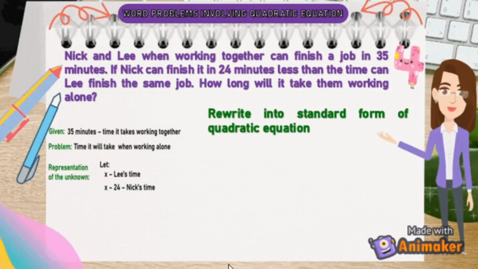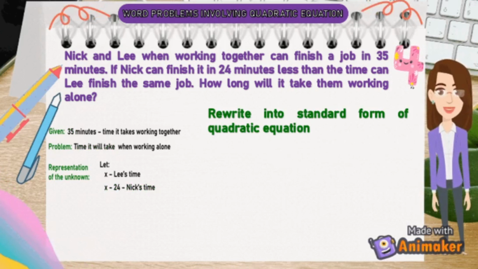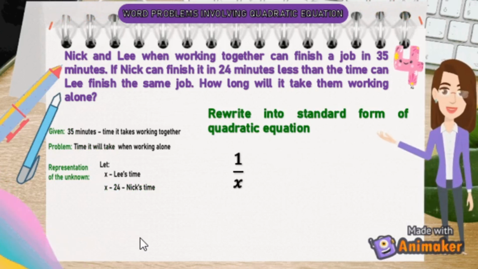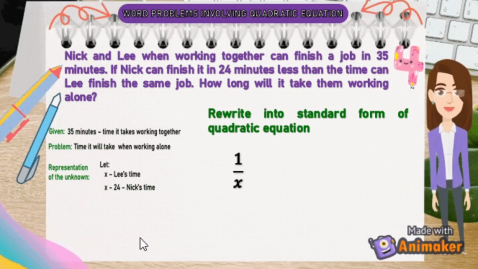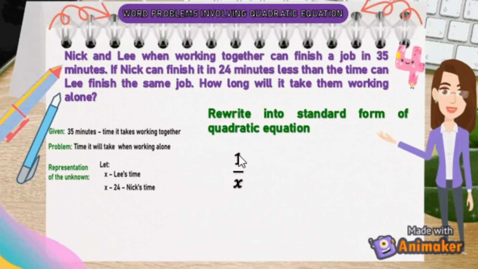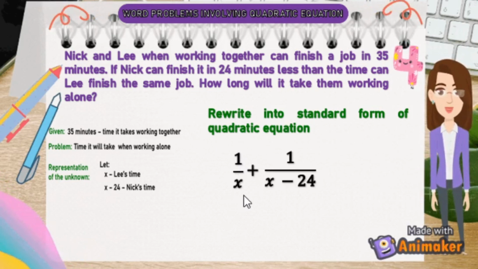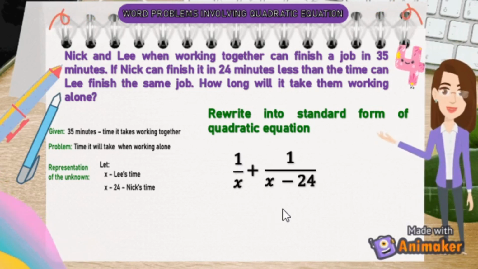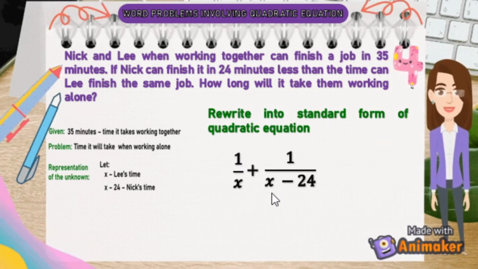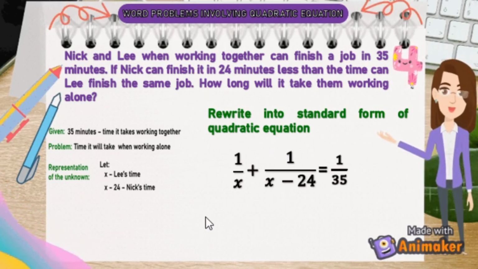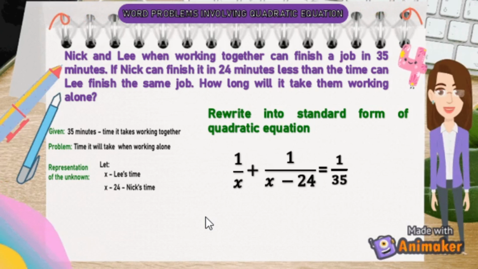So, we have to write an equation in standard form based on what we let. So, 1 over x, Lee's time to finish one job, plus 1 over x minus 24, which is Nick's time to finish one job, is equal to 1 over 35.